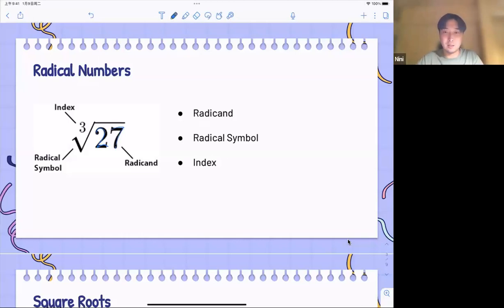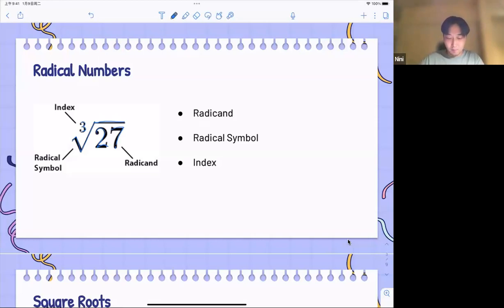This is the radicand. The second one is the radical symbol, which is written in this way. And the last one is the index. These are all three components of our radical numbers.